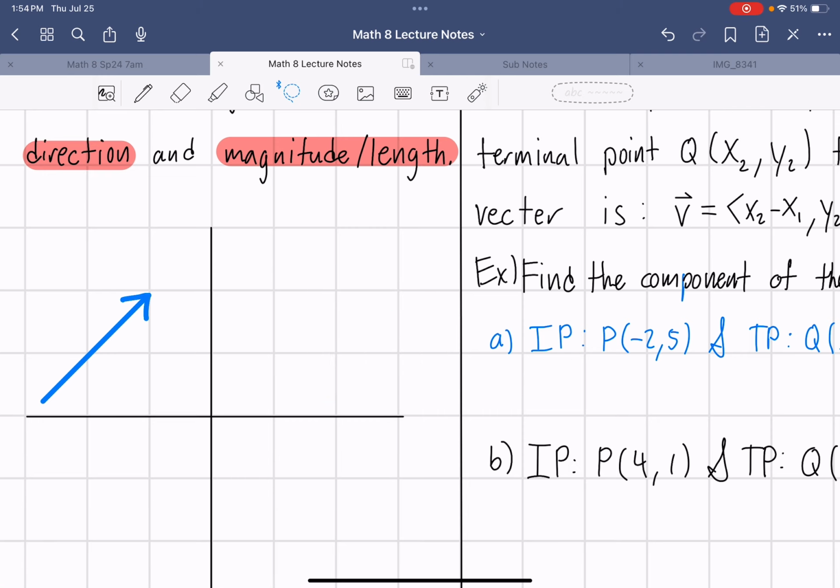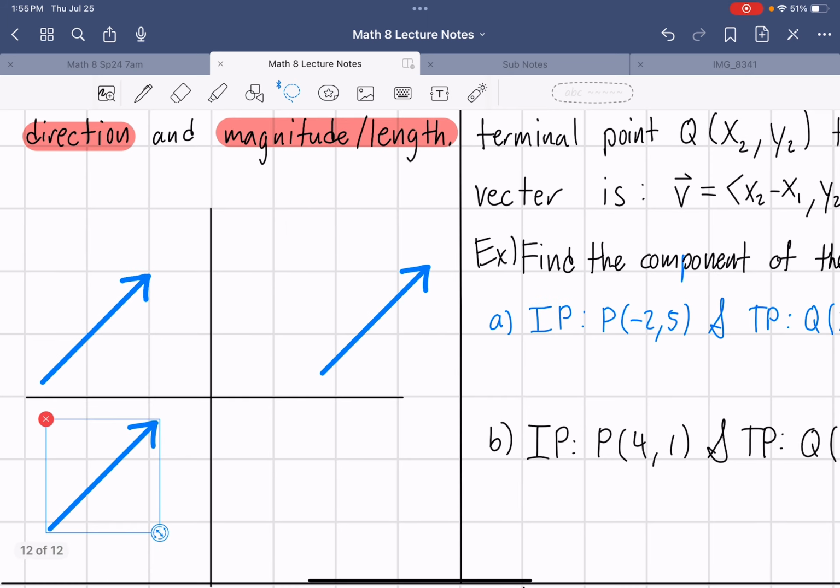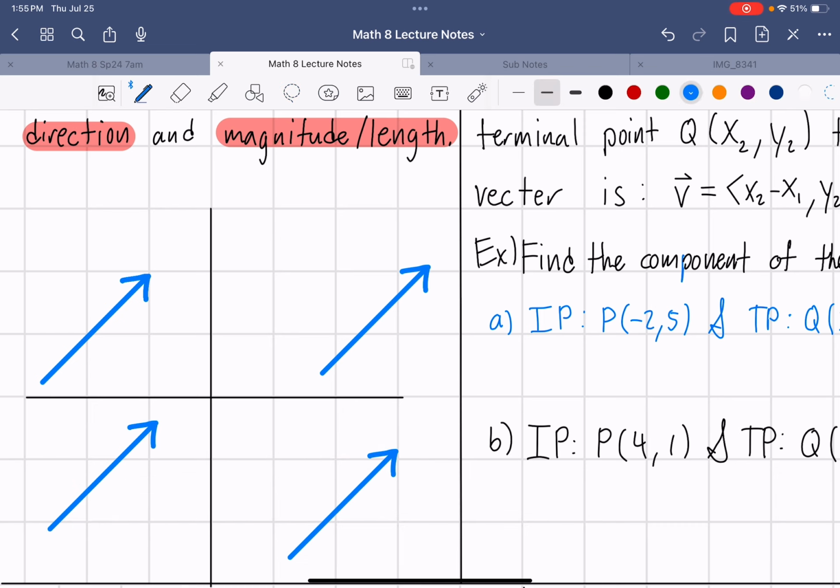I did say there is a difference between the magnitude and direction. They're both important. But something I didn't say is the position doesn't matter, right?